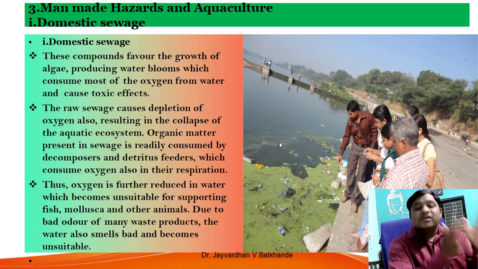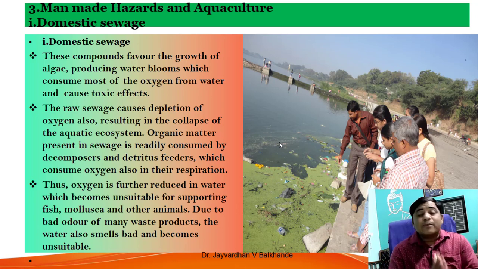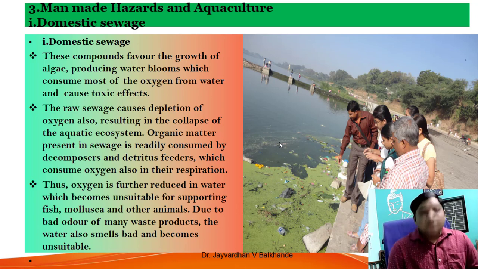How is this organic load affecting aquaculture? The reason is that these compounds present in the detergent favor the growth of algae, producing water blooms which consume most of the oxygen from water and cause toxic effects.